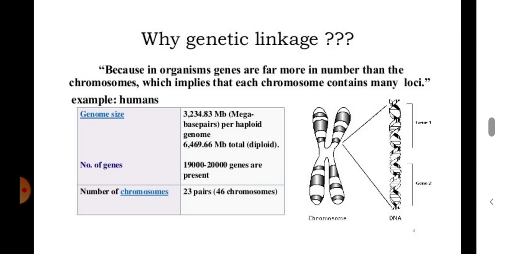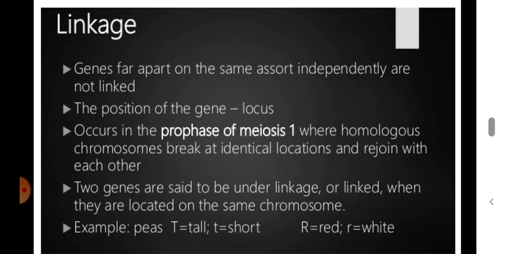Then why genetic linkage? Because in an organism genes are far more in number than the chromosomes, which implies that each chromosome contains many loci, many positions. Locus means the position on the chromosome. Genes far apart on the same chromosome assort independently and are not linked.